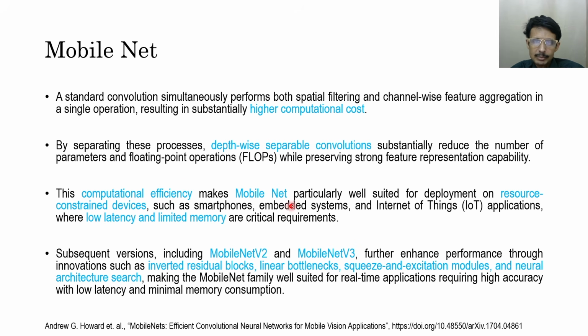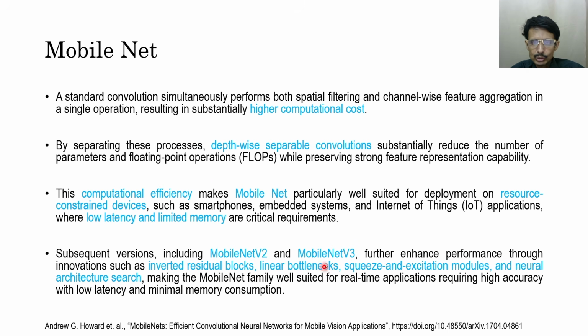This computational efficiency makes MobileNet particularly well suited for deployment on resource-constrained devices such as smartphones, embedded systems, and Internet of Things applications, where low latency or limited memory is critical.